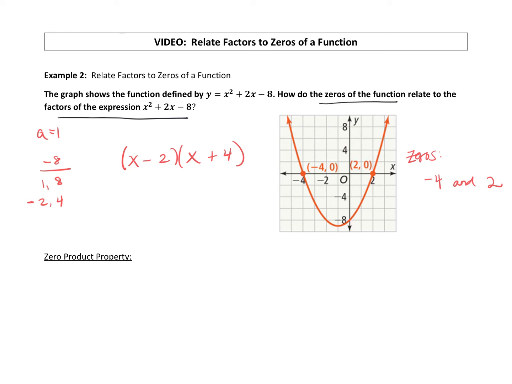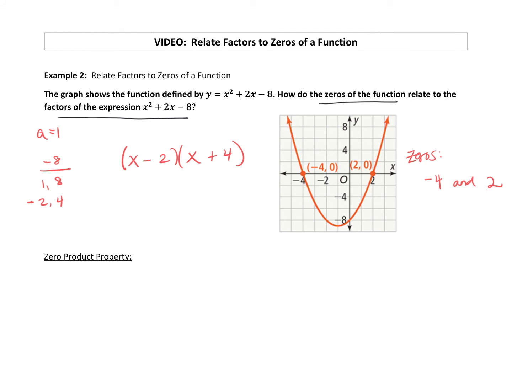So how do these factors relate to the zeros of the function? Well, you may notice that's a -2, and our zero is a +2. This is a +4, and the zero is a -4.